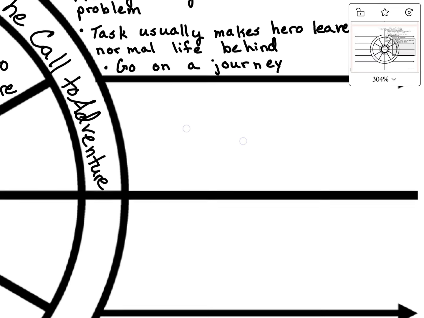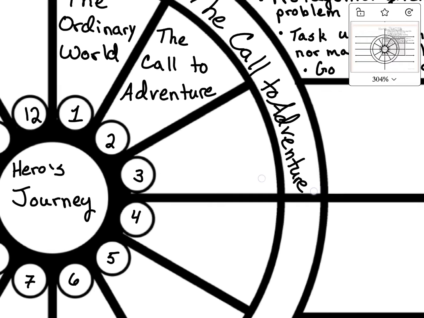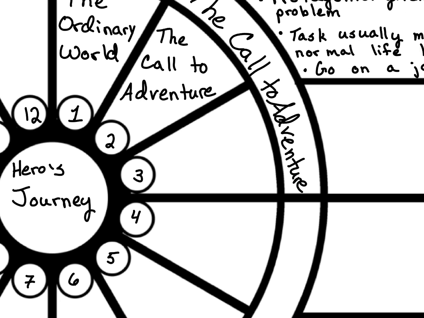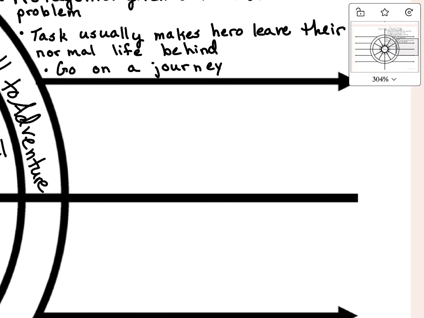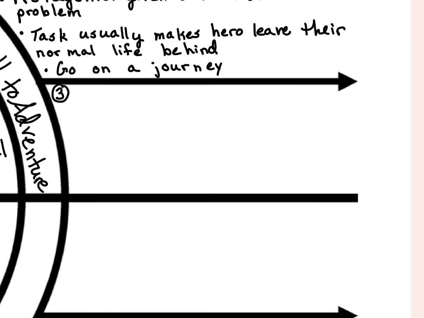And then that takes us to the third part of our story. And this part is usually very important if it happens, but sometimes stories skip it. This is the refusal of the call. There may come a point in the story where the protagonist, our main character, doesn't want to go on the adventure.